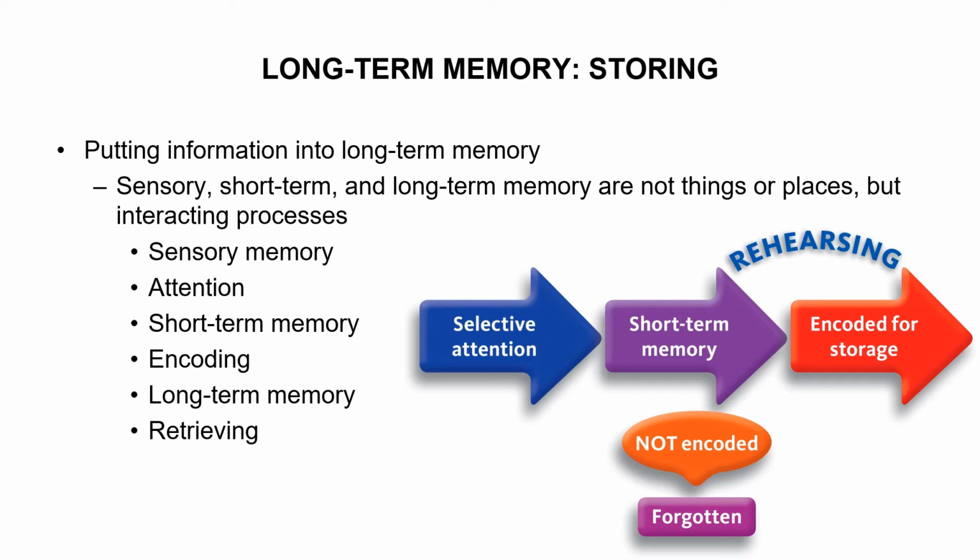We already talked essentially about what's going on in this slide: you've got attention coming from sensory memory, which puts things into short-term memory, then we rehearse, which encodes it for storage. Anything not encoded is forgotten. Anything that is encoded is then put into long-term memory here, and then you have retrieval from there.